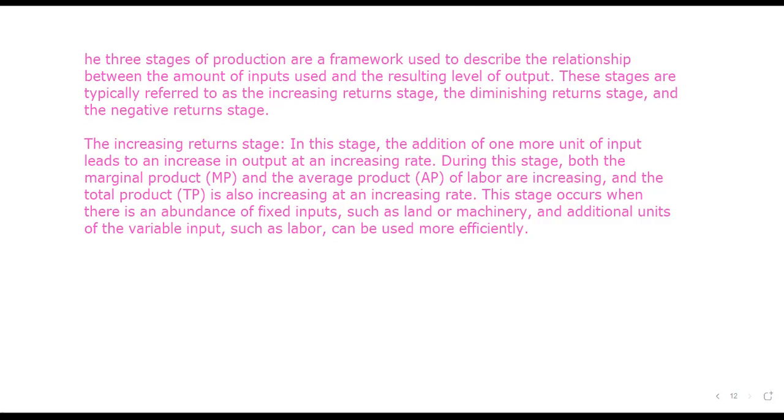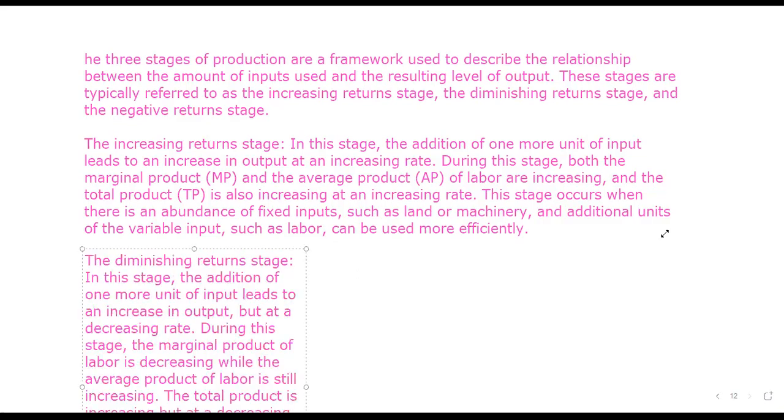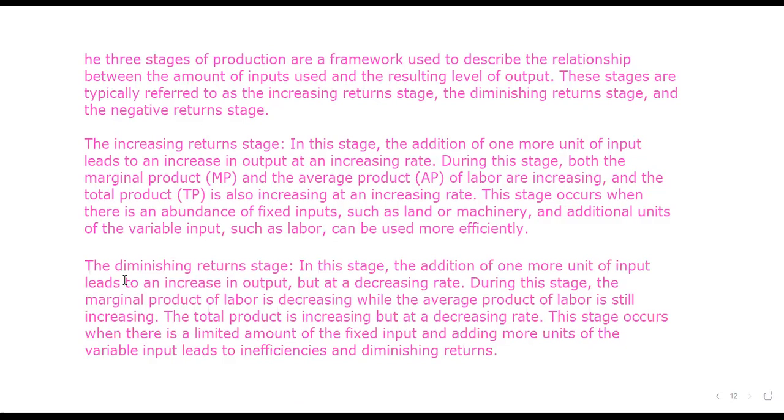And there's a second stage that we have. The second stage, the stage in which the following is happening. We call it the diminishing return stage. So the addition of 1 unit of input will lead to an increase in total output, quite right, but at a decreasing rate. In this stage, what will happen?